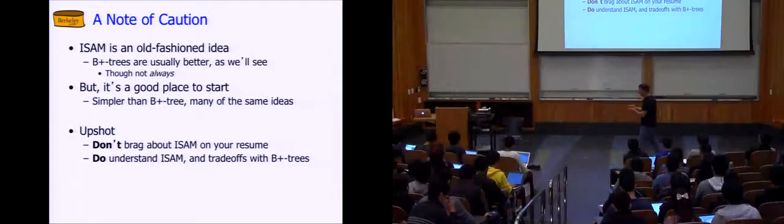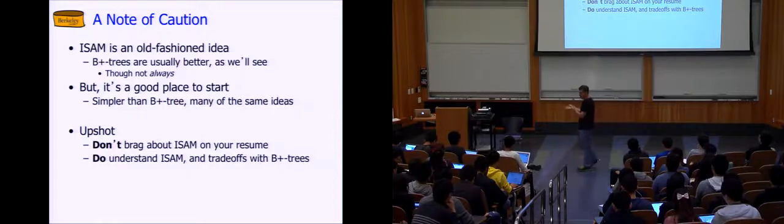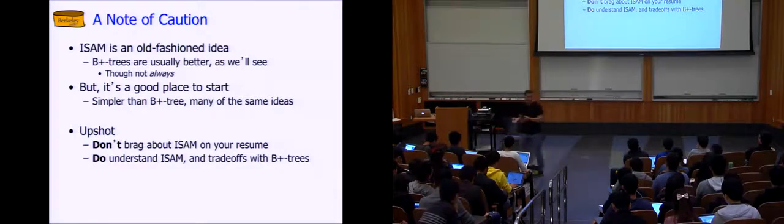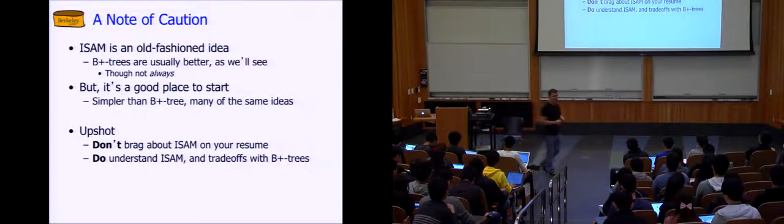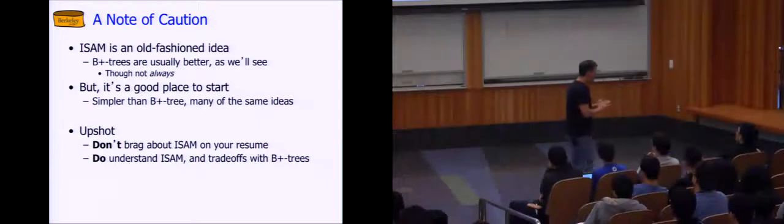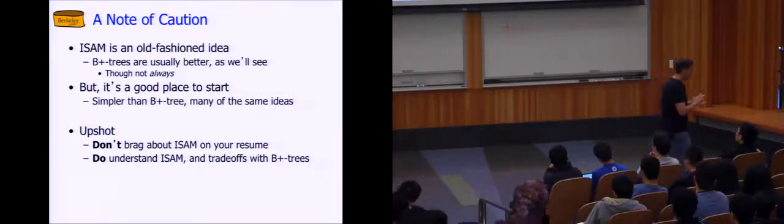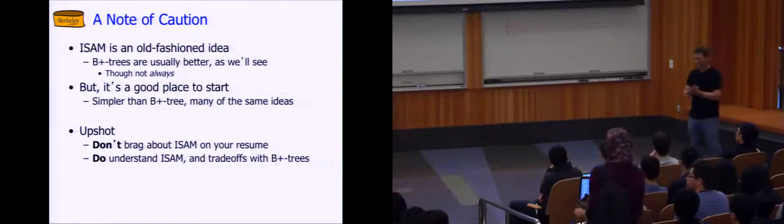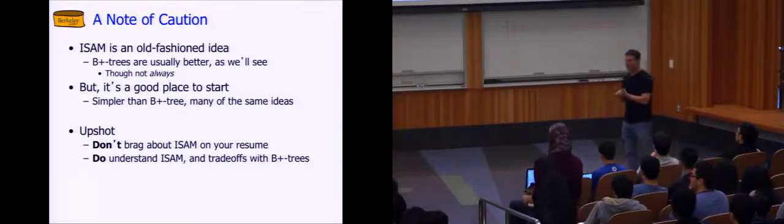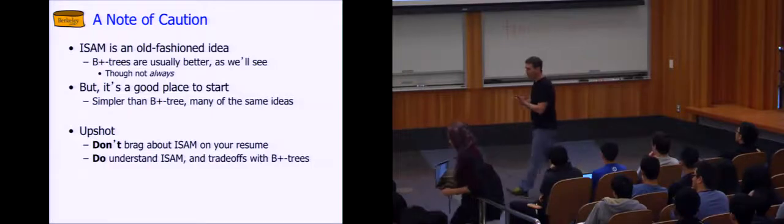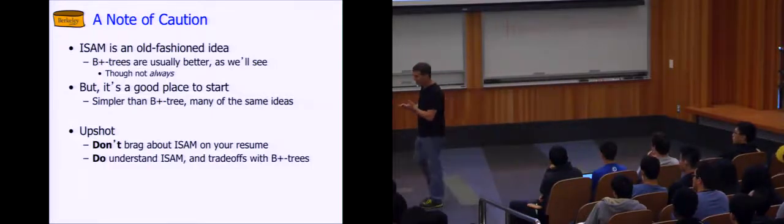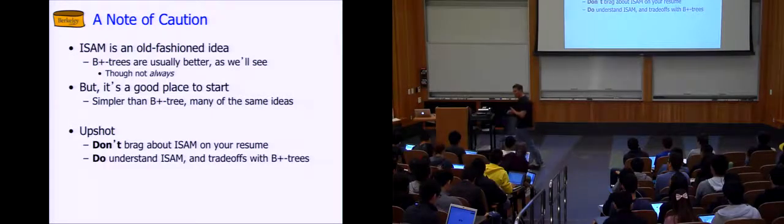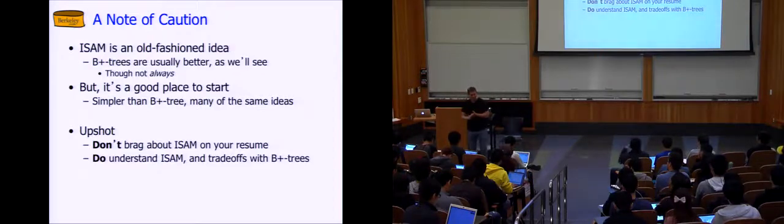We're going to go through history and learn the lesson in the same order that the community learned it. But you don't want to put on your resume that you know all about ISAM. It'll impress a very small number of people. Old 1970s and 1960s IBM mainframe technology still powers some of the systems out there in the world. If you're looking for niche expertise, you can probably still make good money knowing about things like ISAM and VSAM and old IMS databases from IBM that predate relational databases.